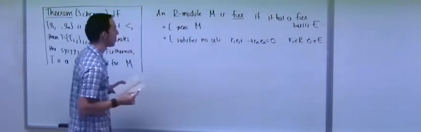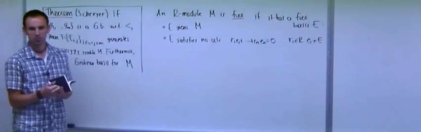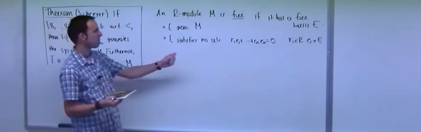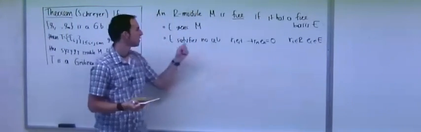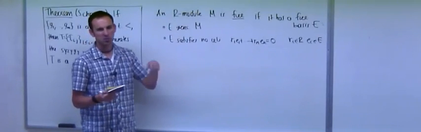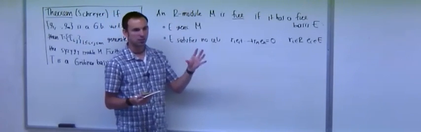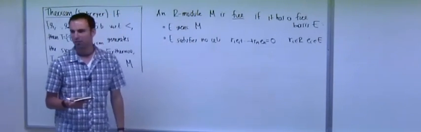In other words, this is really more what a vector space looks like. We're used to thinking that vector spaces have a basis e1 up to en that generate and have no relations between them. We saw that modules are more complicated than vector spaces, but free modules are the easy modules that are more like vector spaces.